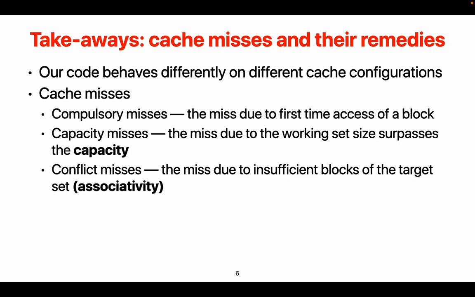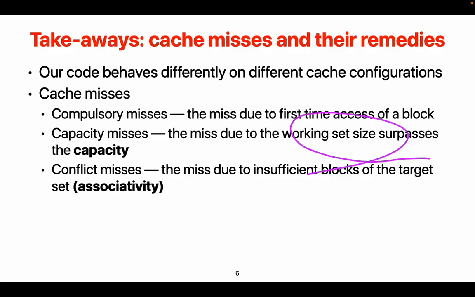The compulsory miss means it's the first-time access of a block. Capacity misses means that the working set surpasses the capacity. A lot of you still get confused about what capacity misses are. Two days ago, I received an email over the weekend saying that I believe I have done everything right.